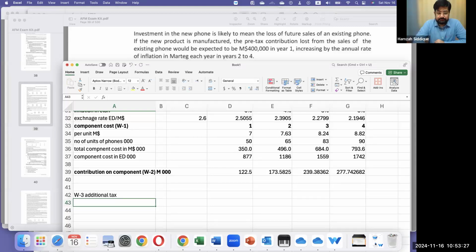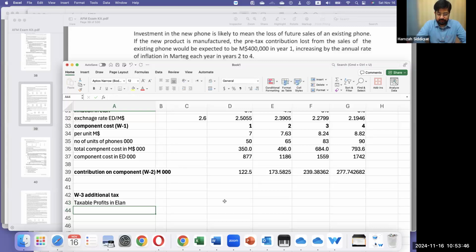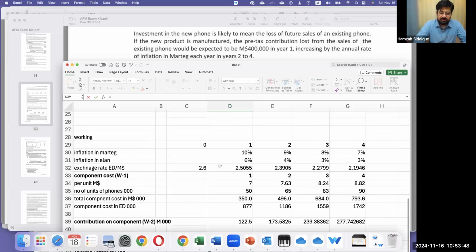Additional tax. Students, year 1, okay, it is here. So we have to write taxable profits in Elan. Very easy.